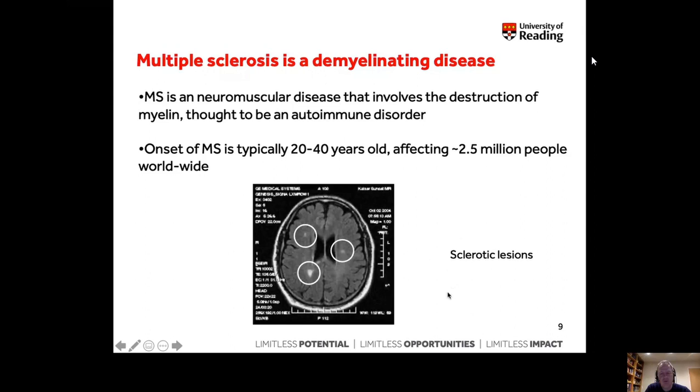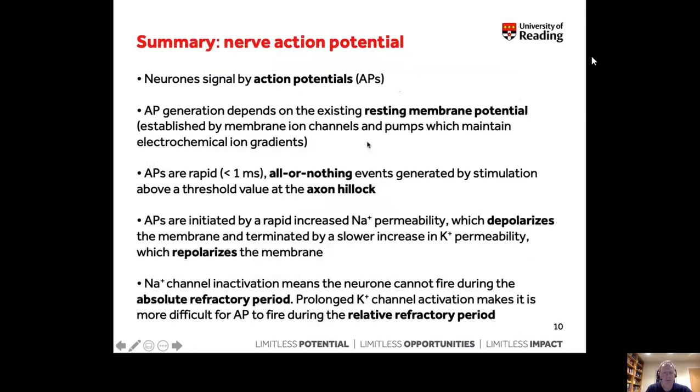So if you have a lot of these sclerotic plaques or sclerotic lesions, you have multiple sclerosis, multiple plaques. And essentially what happens is that your myelin has broken down. The nerves within these areas of the brain can't communicate properly, and you suffer this neuromuscular disease, multiple sclerosis. So that's a good place to finish.